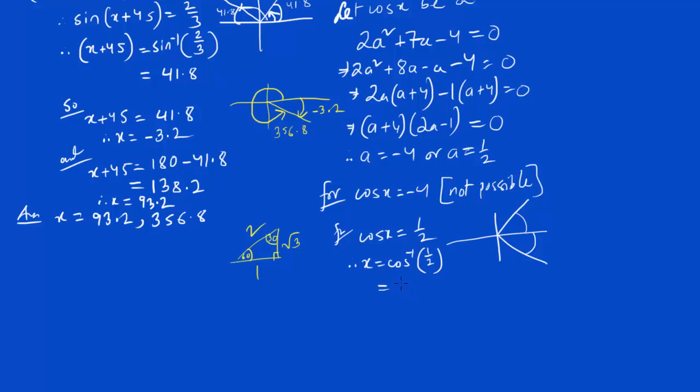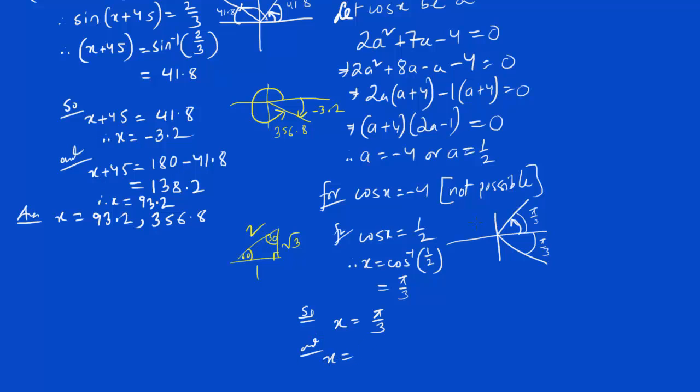So this is going to be 60 degrees. And remember, this sum deals with radians. So we cannot write 60 degrees. We have to write pi by 3. Just directly write pi by 3. So we know the basic angle. So this is pi by 3 and this is pi by 3. So let's continue with the sum. So now we are in step 3. So if the first quadrant is pi by 3 and we have this angle in the first quadrant, so x is going to be pi by 3 also.